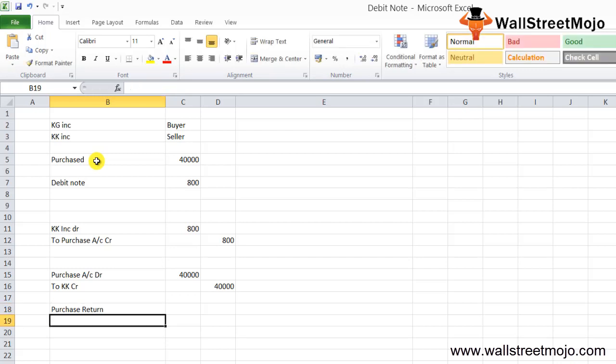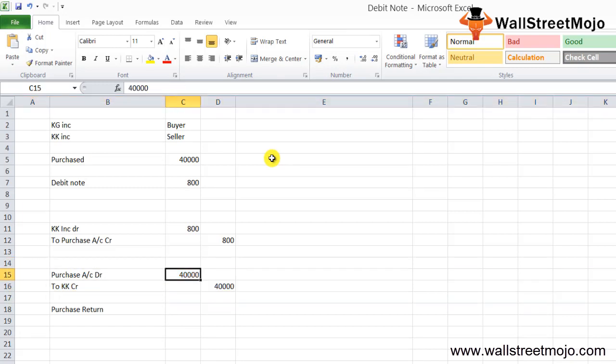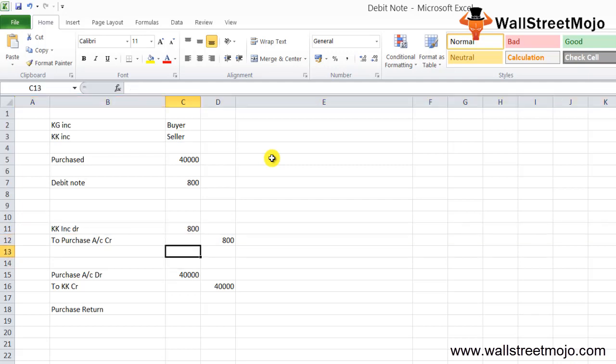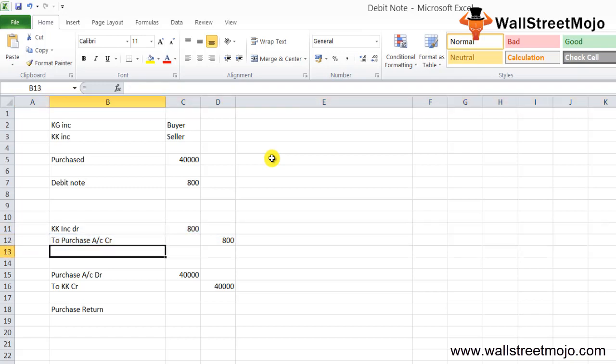If we take the same example, we'll see that the entry of the purchase account would be something like this. The purchase account debit to KK, right? 40,000 to the extent. Now, if there is a 2% defective rate over here, that is 800, right? So what we have to do, we have reversed the case. The KK Inc. to purchase.